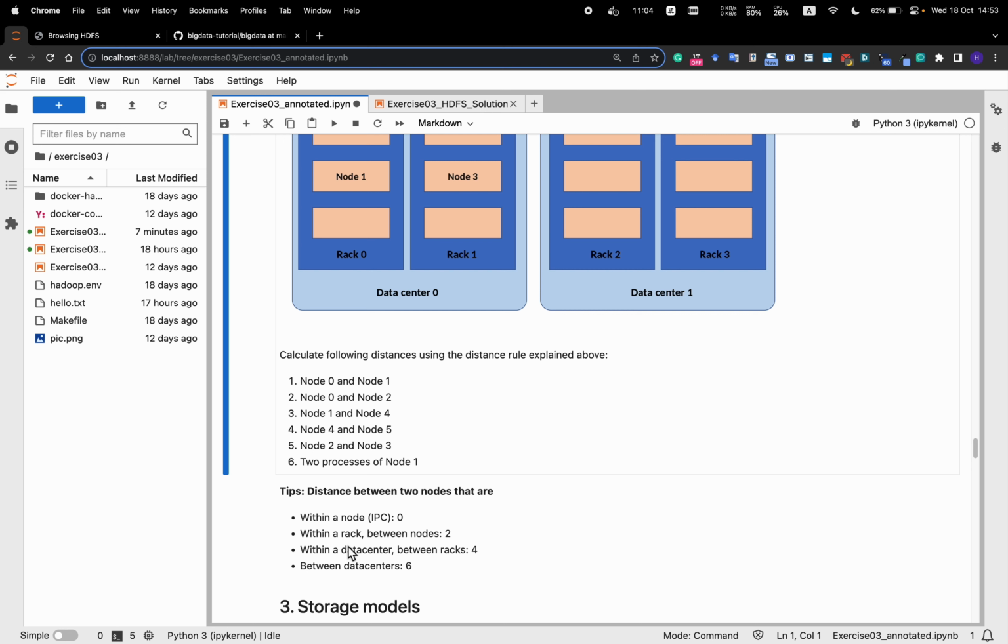Within a rack between nodes, the distance is 2. Within a data center between racks, the distance is 4. Between data centers, the distance is always 6. In the exam, seeing this question, it's going to be an easy piece for you.